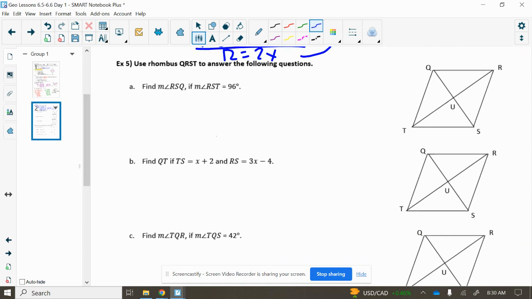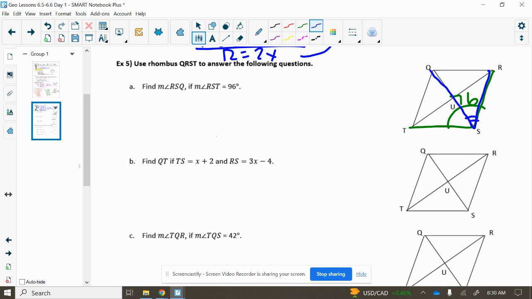All right, now that fact is also going to help us in the beginning of our next example. So in this next example, notice they're giving us the measure of RST. This whole angle is 76, and they want us to find the measure of RSQ, this baby angle right here.